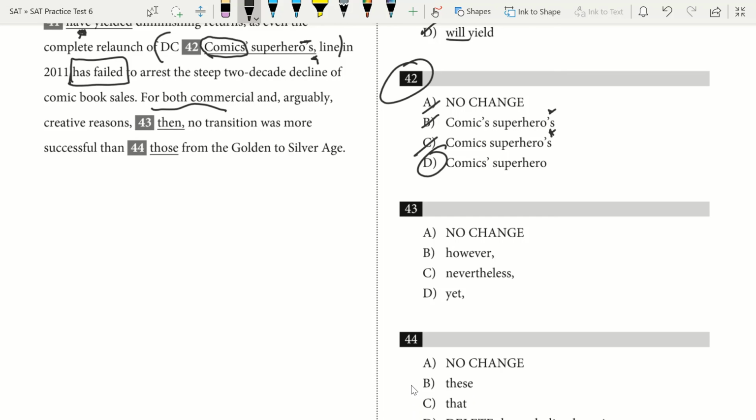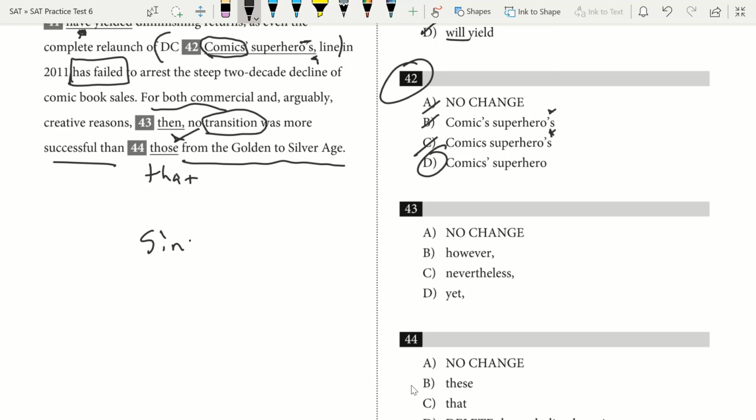For both commercial and arguably creative reasons then, no transition was more successful than that from the Golden to Silver Age. And the reason I know it's that is because as I read, I see no transition was more successful. So I know transition is the word that I'm using here, right? And if I was to replace that with those, no transition was more successful than those, right?